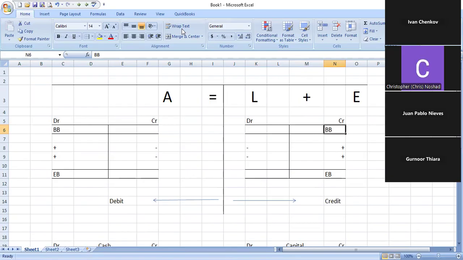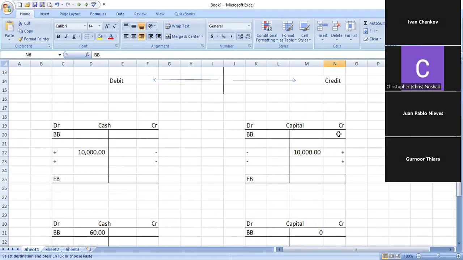That will be the last change that we're going to make, and we already know which one is the liability, which one is the equity. Let's change it here on those ones as well, so as not to confuse you.